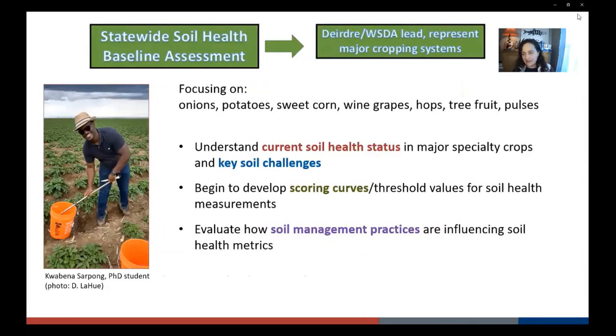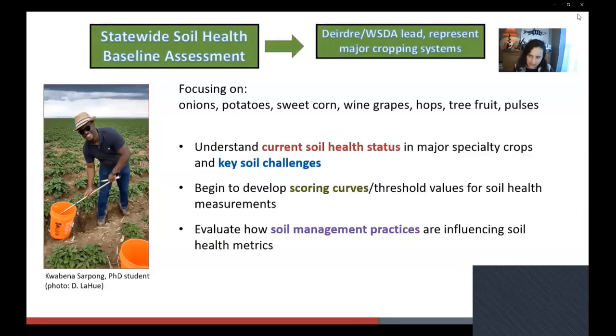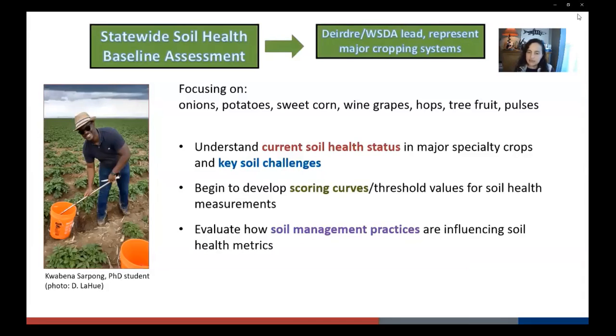Critical to making improvements in soil health is understanding the status of soil health in a number of cropping systems. So the statewide soil health baseline assessment is a collaboration between WSU, with the WSU side led by Deirdre Griffin-LaHue, and WSDA led by Leslie Michael.